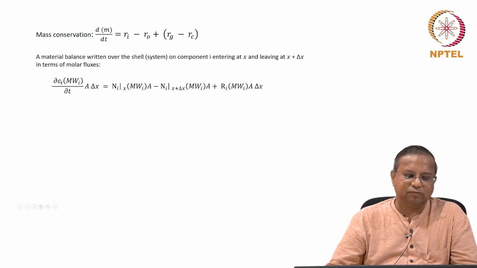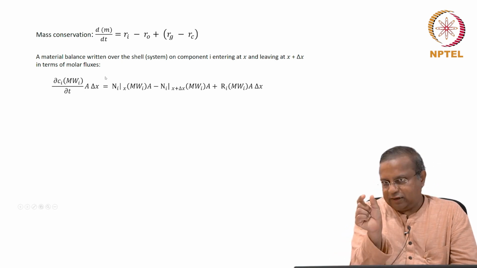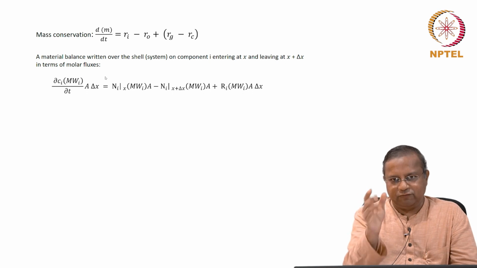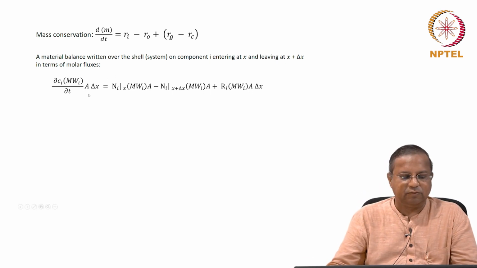Okay. Concentration is moles per volume. Moles into the molecular mass will give you the total mass over volume, and if you multiply that by the volume of the system, A times delta x, it is a cuboid, therefore, A times delta x, that is the volume of the system.